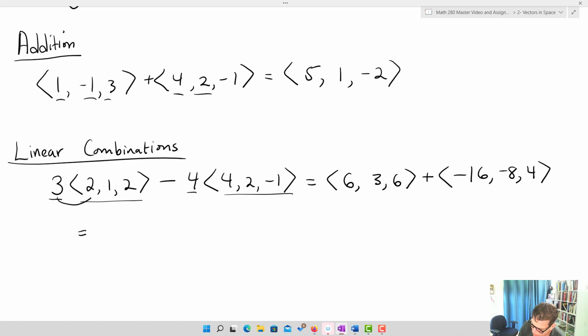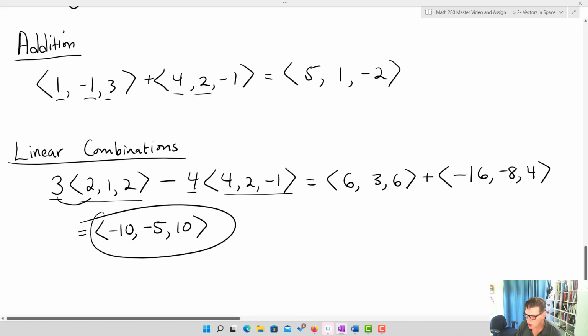When we add those together, we end up getting negative 10, negative 5, and 10. And that is the result of that linear combination. Now, the thing about linear combinations and the resulting vectors is that sometimes we want to write them as the combined vector or the component vector. That's totally fine. For a lot of purposes, we're going to be doing exactly that.